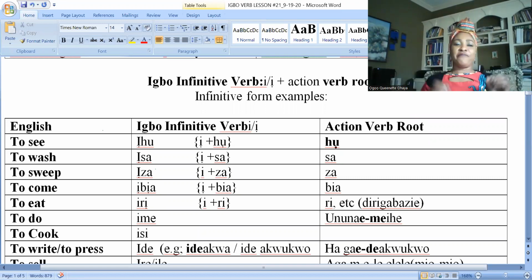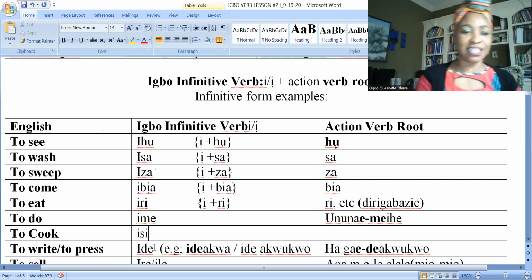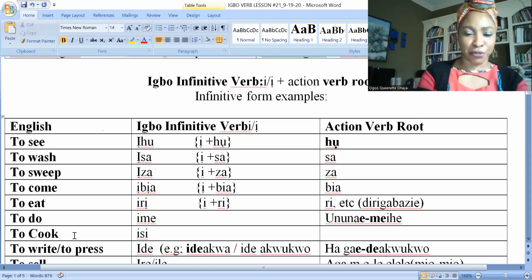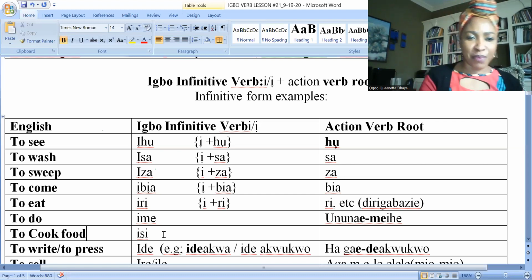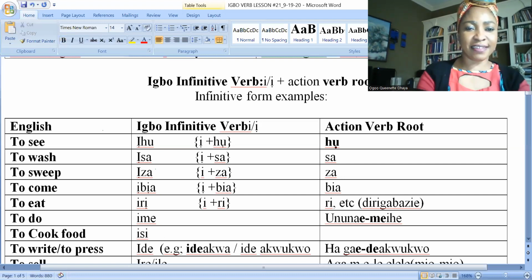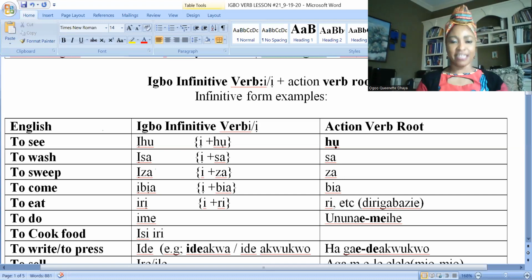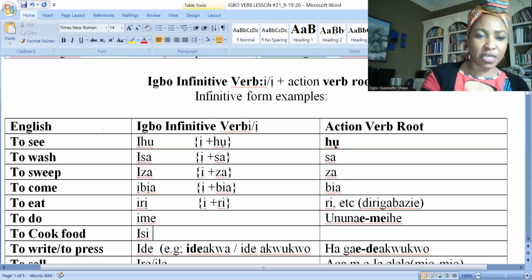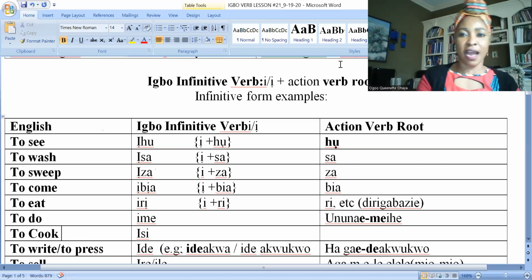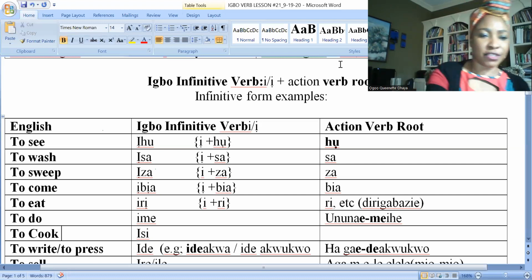But if we say like Olisa answered, to cook food, if I added food there, it would be isi nri. But we're just doing purely verbs today. So, isi is to cook. All right? Okay. Thank you.